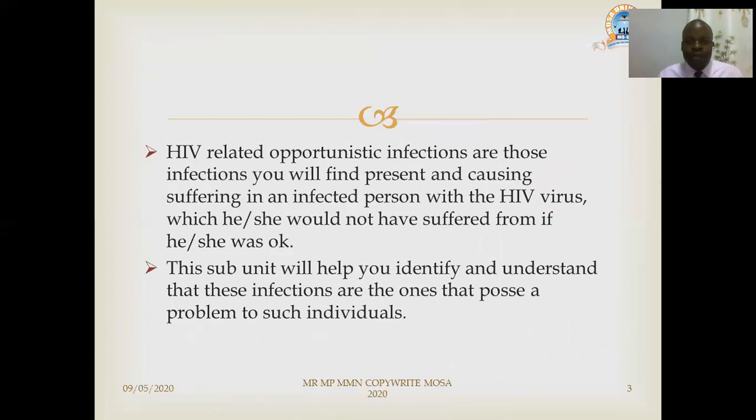As a result, their immune system becomes weak and they tend to develop the infections which we're about to discuss. HIV-related opportunistic infections are those infections you will find present and causing suffering in a person infected with the HIV virus, which he or she would not have suffered from if he or she was okay.